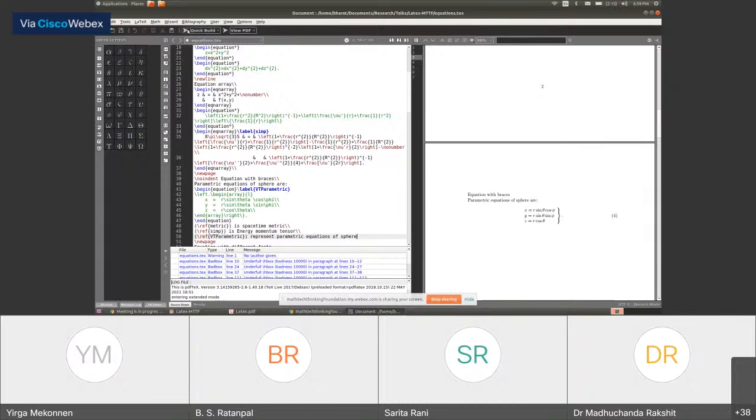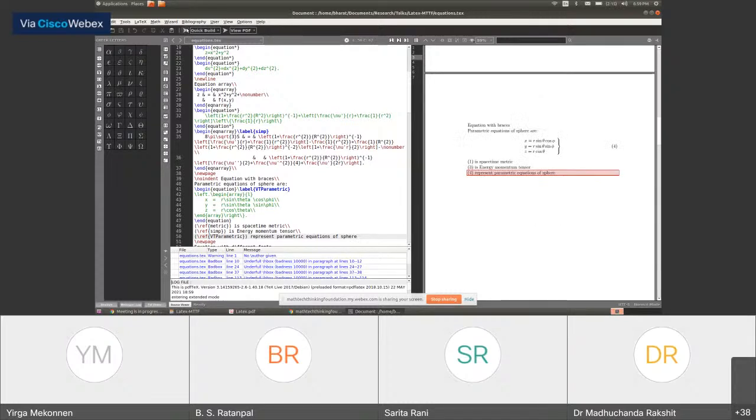When I run this, you can observe the equation numbers. You can see equation 1 is the space-time metric, equation 3 is the energy momentum tensor, and equation 4 is the parametric equation of the sphere.